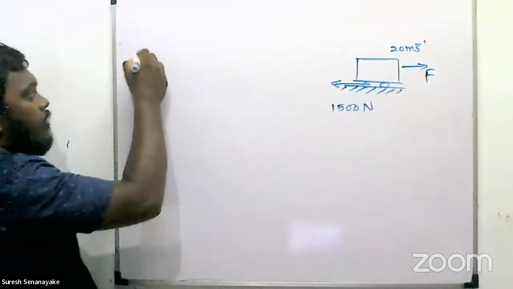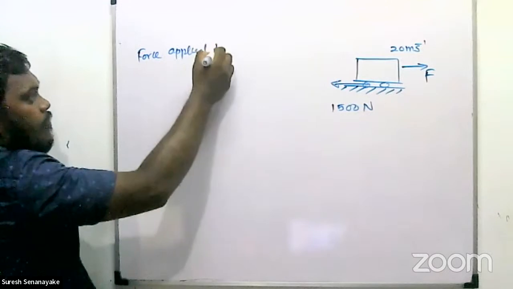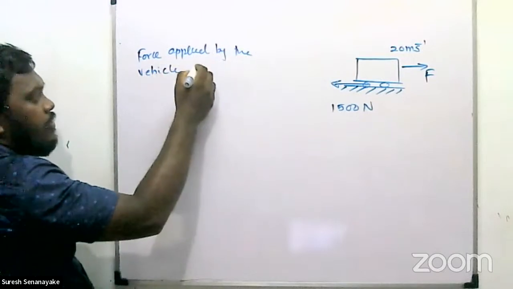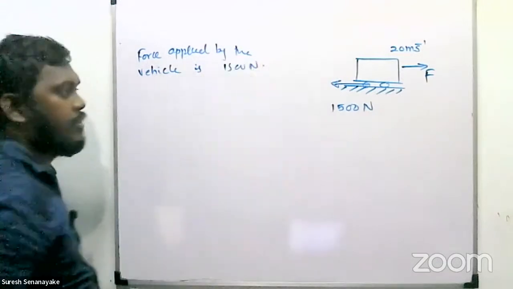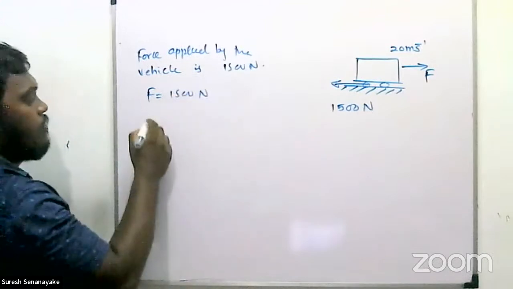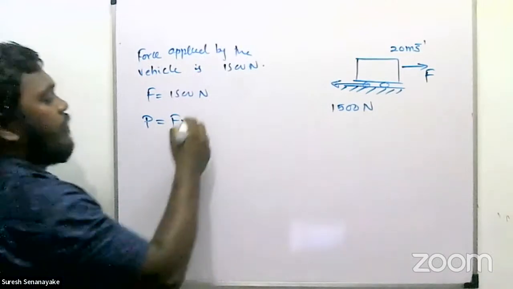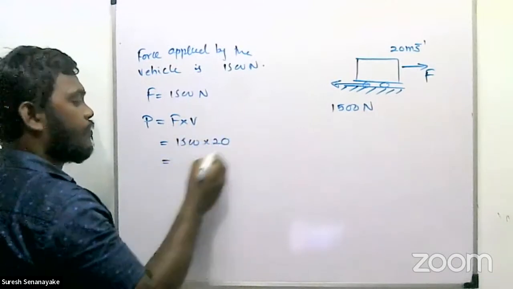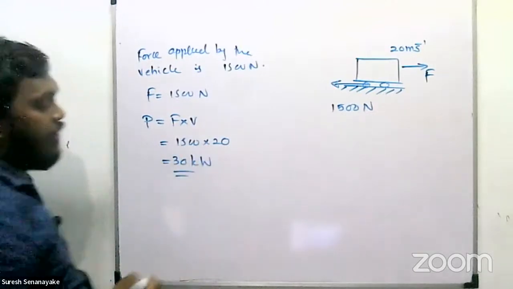So the force applied by the vehicle to maintain this velocity is 1500 Newton. So the power equals the force applied by the vehicle multiplied by the velocity. 1500 multiplied by 20 is 30 kilowatts, the power of the vehicle engine.